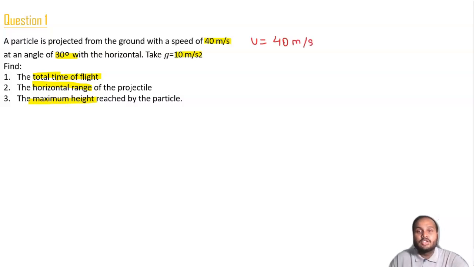We have theta as 30 degree, and g equal to 10 meter per second square. Now the formula for time of flight: as we saw just now, it is 2u sine theta by g.